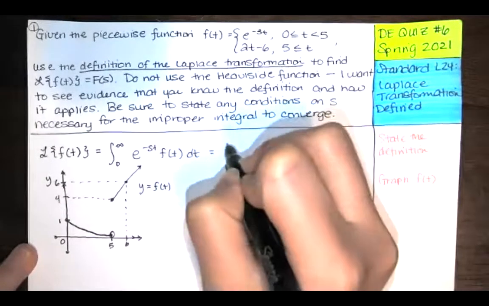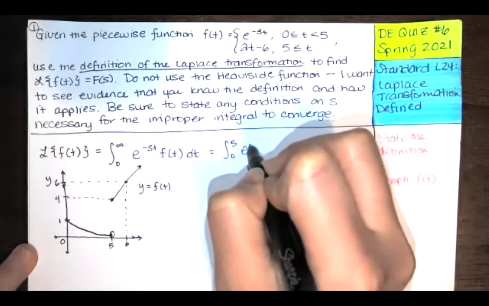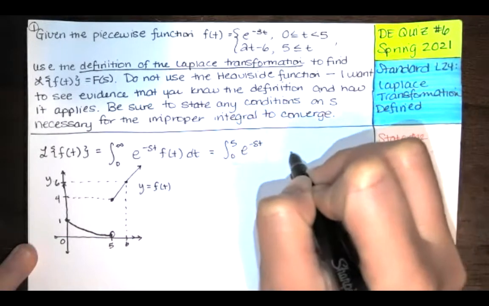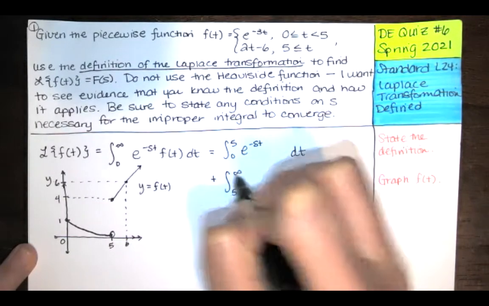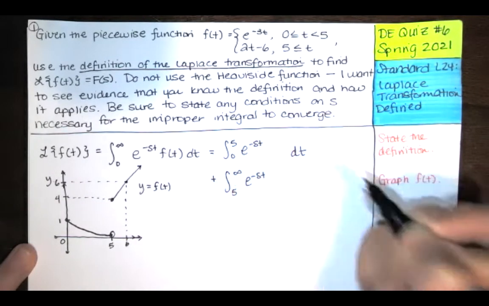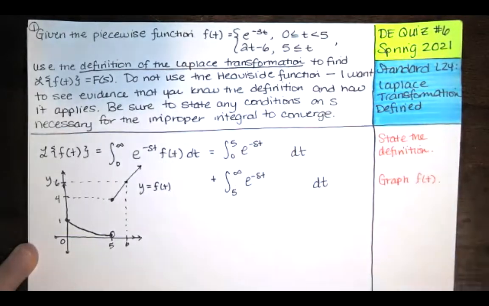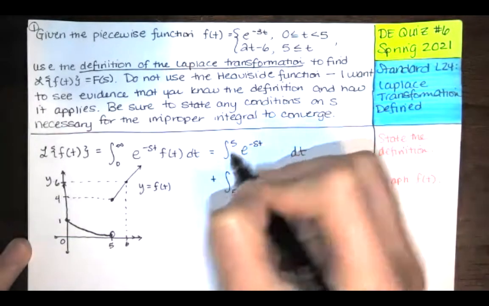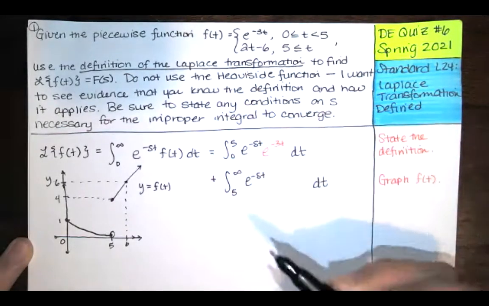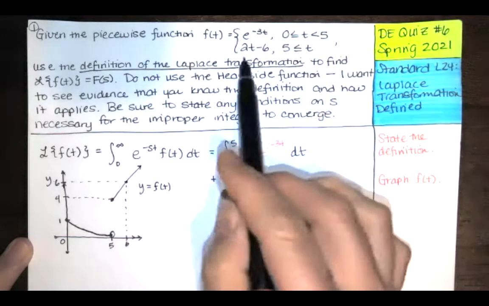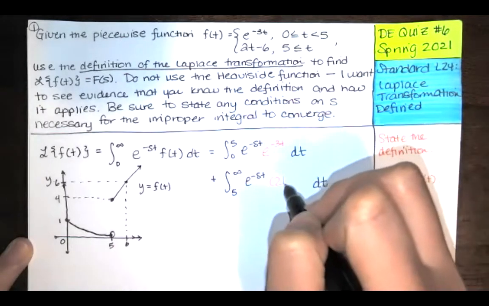So this is the same as this times f of t on that interval plus this times f of t on that interval. On the interval from 0 to 5, f of t is e to the negative 3t. And on the interval from 5 to infinity, f of t is 2t minus 6.